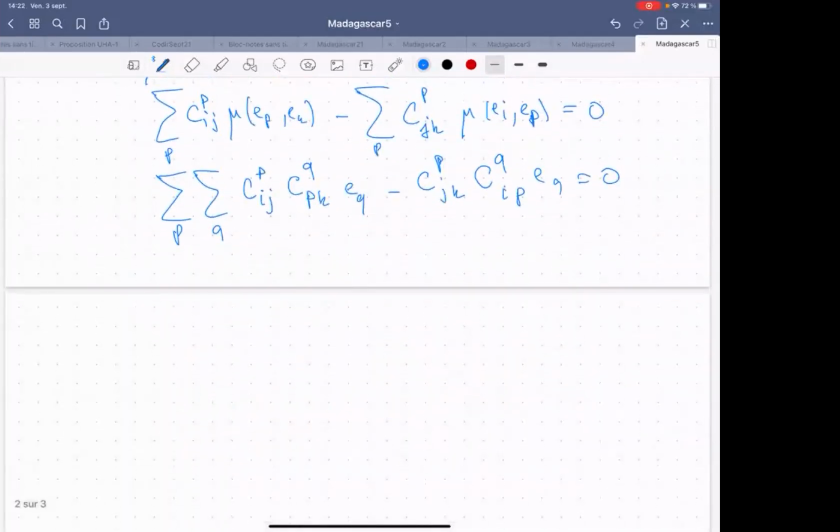And these coefficients will define polynomials on the structure constants C_ij^k.